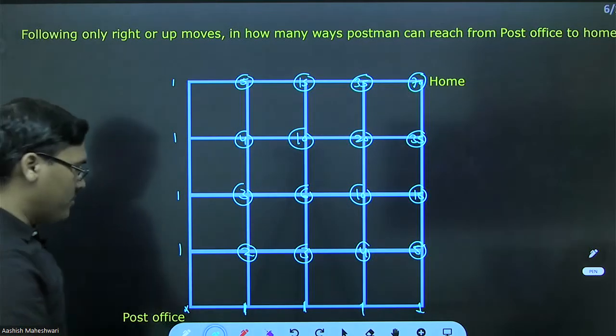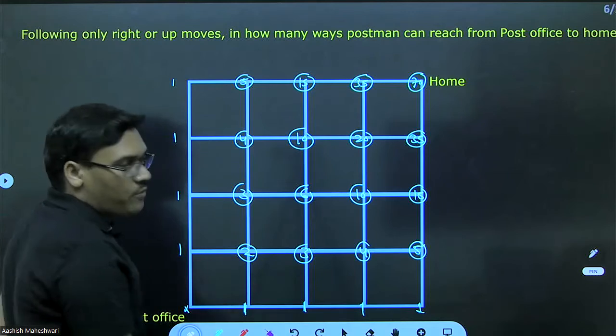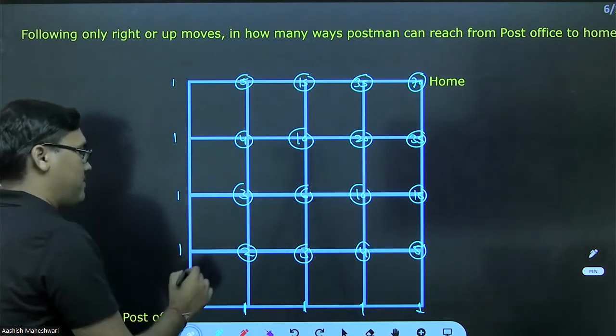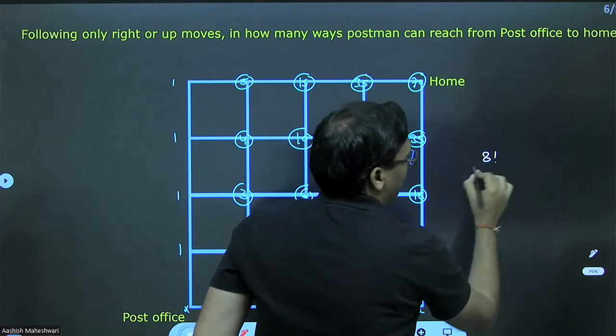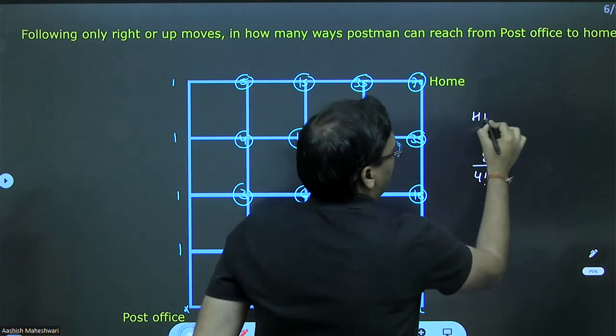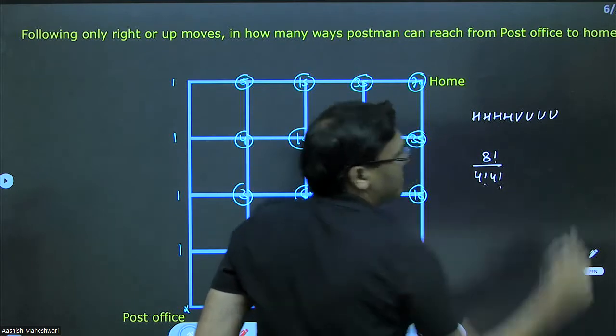Now, if you know the concepts of permutation combination, you see how many horizontal steps, in any case, he has to move, 1, 2, 3, 4. And how many vertical steps, 1, 2, 3, 4. So this is 8 factorial divided by 4 factorial, 4 factorial. Basically, 4 horizontal and 4 vertical steps the person has to take.